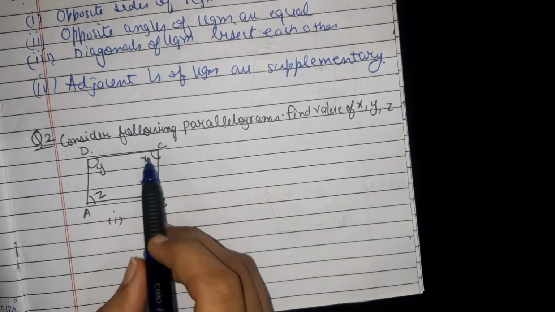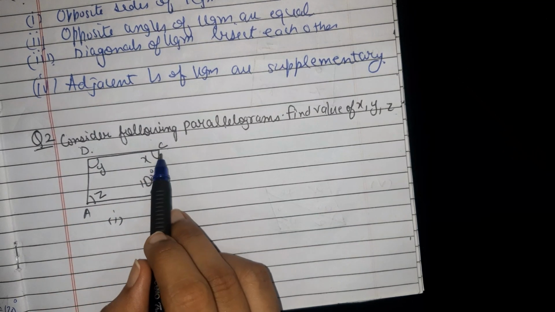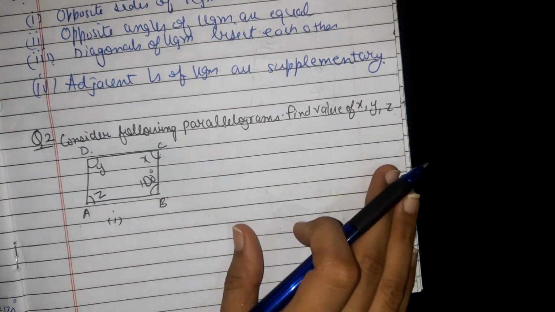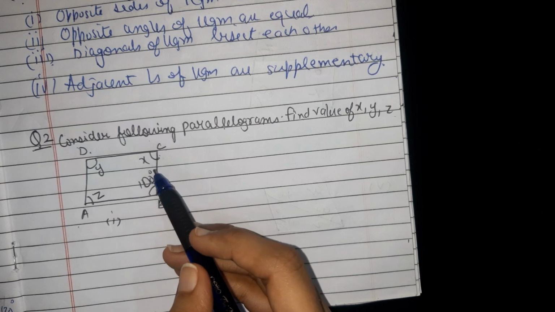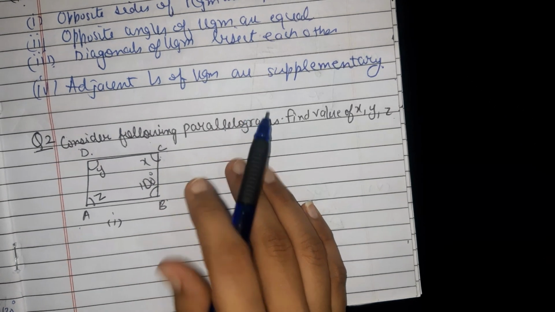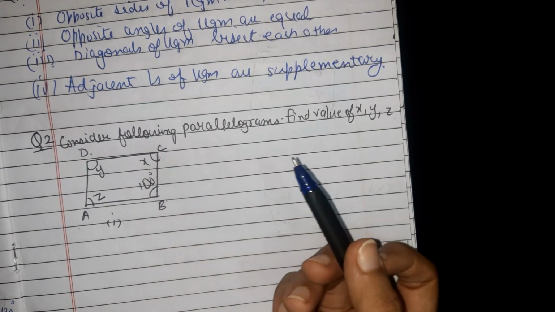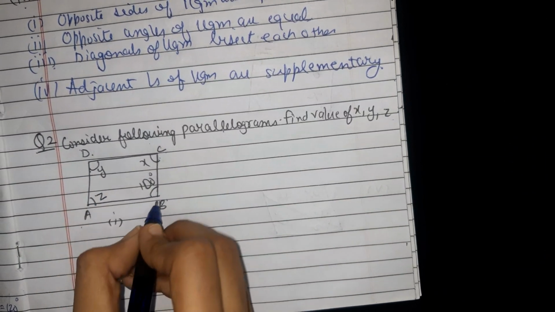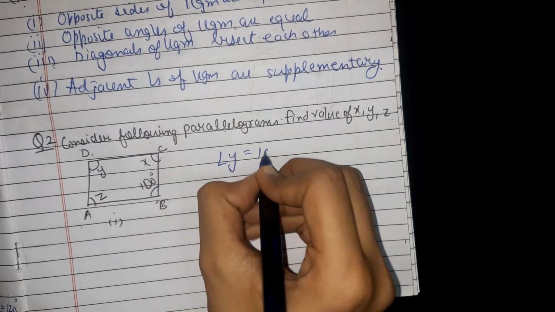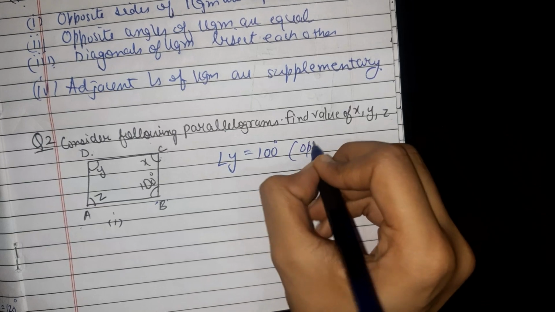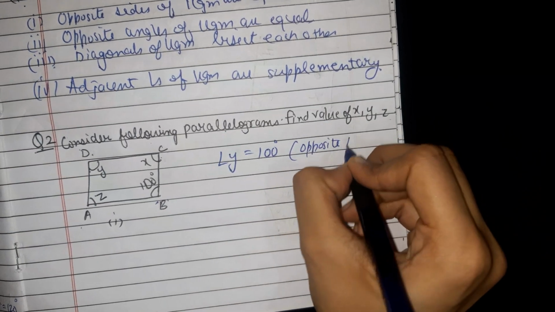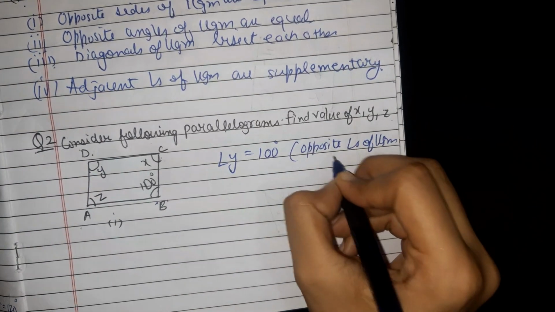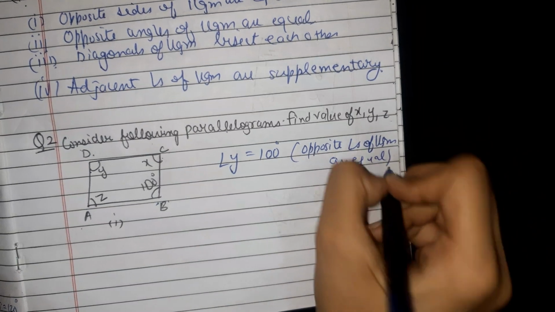So here is the parallelogram ABCD, and we know the property of a parallelogram, that the opposite angles of the parallelogram are equal. So angle y will be equal to 100 degrees. Why? Because the opposite angles of the parallelogram are equal.